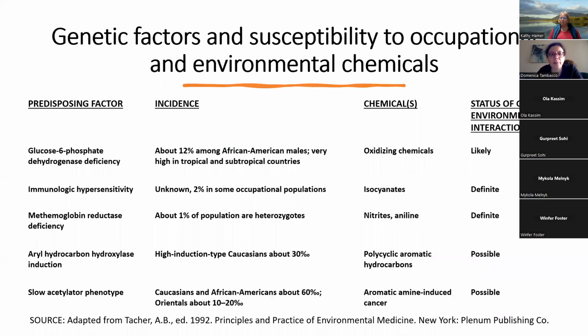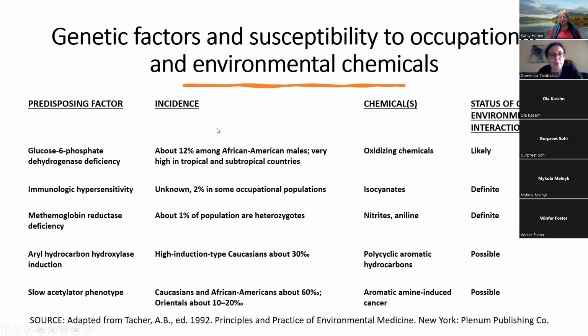And here are some examples of genetic factors that give increased susceptibility to environmental chemicals. For example, having a glucose-6-phosphate dehydrogenase deficiency, which occurs in about 12% of African American males, and this particular predisposing factor increases the impact of oxidizing chemicals.